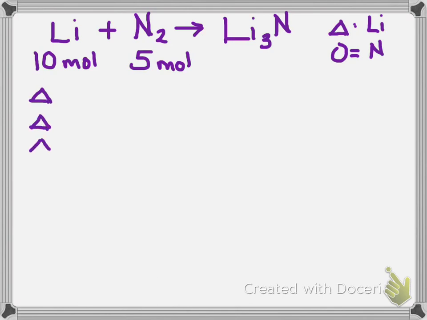Remember, 1 mole is that certain number. So if I have a mole of one thing and a mole of another thing, I have the exact same number of both of them. If I have a mole of lithium and a mole of N2, I have the same number of lithium atoms as I do N2 molecules.